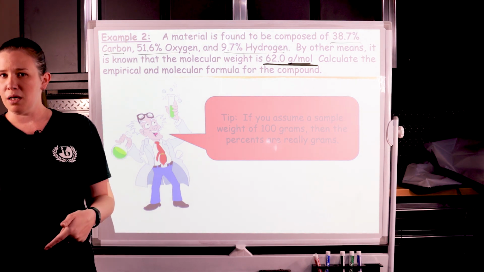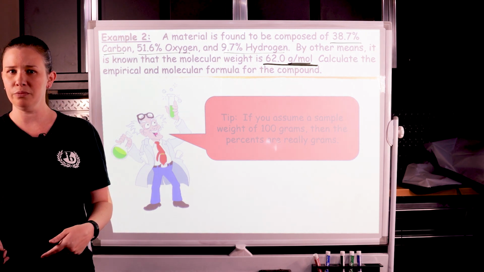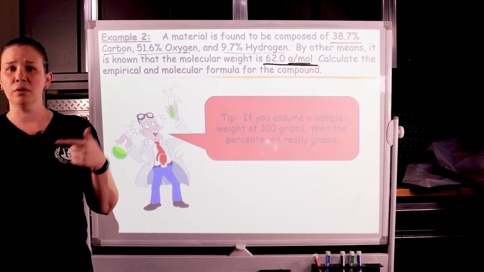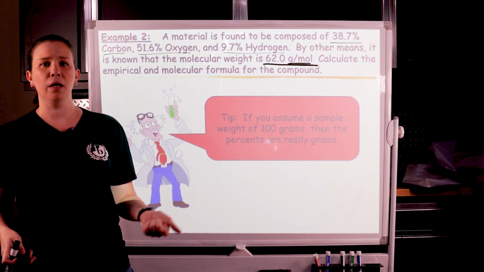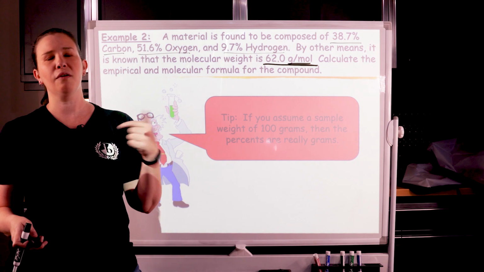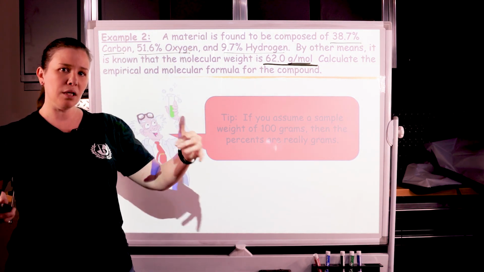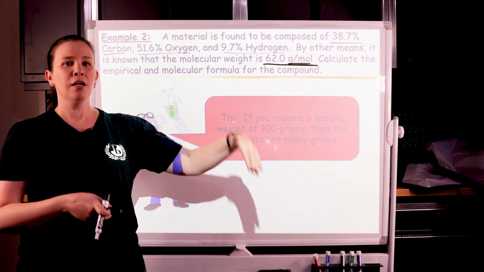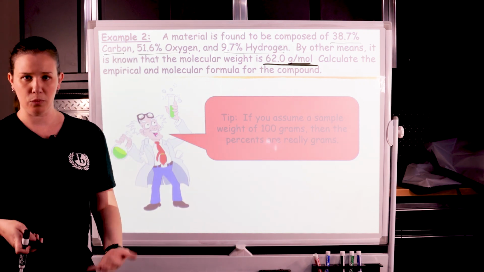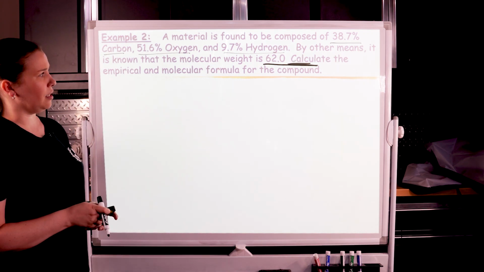But then what's the next thing we're going to have to do? Think back to the last question. We can't compare gram to gram. You have to compare mole to mole. So the first thing we'll have to do after we get these into grams is convert to moles. Then we'll be able to compare the moles and start doing what we did last time.